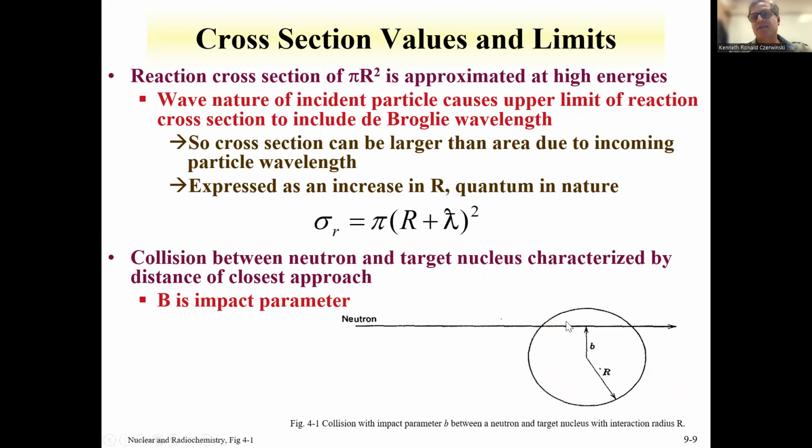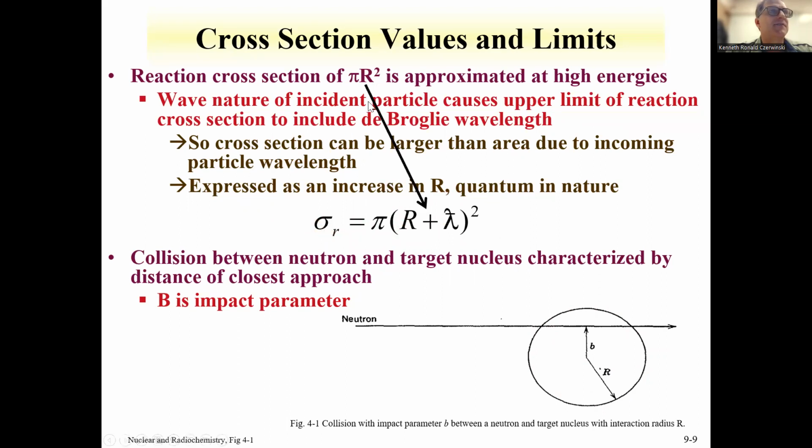There's a xenon isotope that has a cross section of 1,000,000 barns. Well, that doesn't mean that the nucleus is physically 1,000,000 times larger by just changing a neutron. That doesn't make any sense. It's this equation that we really use for determining what that cross section is.